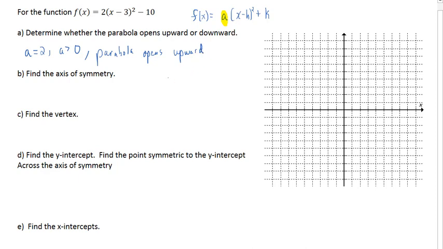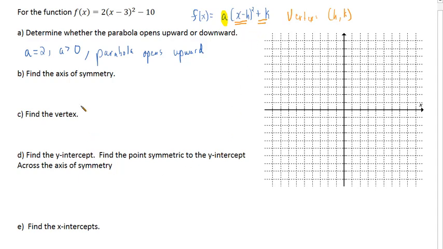Now we're asked to find the axis of symmetry. Well, if we see a function of this form, what we can immediately tell is that the vertex is the ordered pair h, k. Whatever makes the inside quantity 0 is the value for h, and k is just whatever is being added or subtracted.